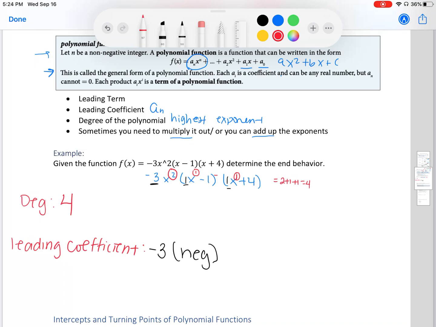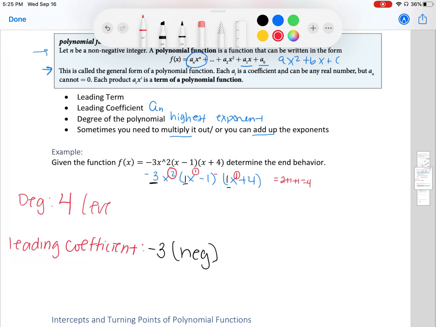If you're unsure, if you'd rather be more confident about what you're seeing, you can always multiply it out. I know that's something I would do if I was in a quiz or exam, just to be extra, extra sure. So I know I have an even degree and the leading coefficient's negative.